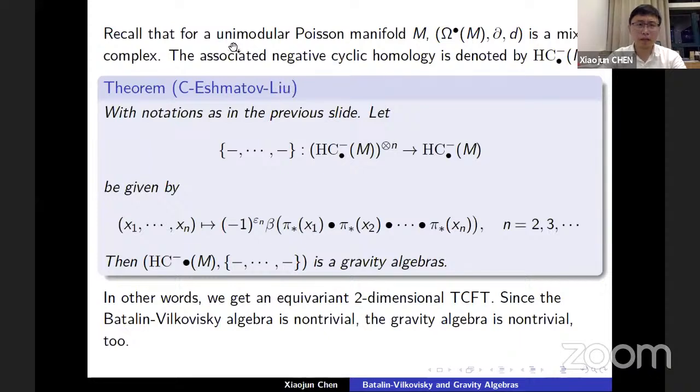Suppose I have a unimodular Poisson manifold, then this is a mixed complex, and we can consider the associated negative cyclic homology, which is denoted by HC negative dot of M. Then with the previous result, we define a graded skew symmetric operator like this. It maps x1 to xn to pi of x1, pi of x2, and so on, multiply them and then apply B to it.